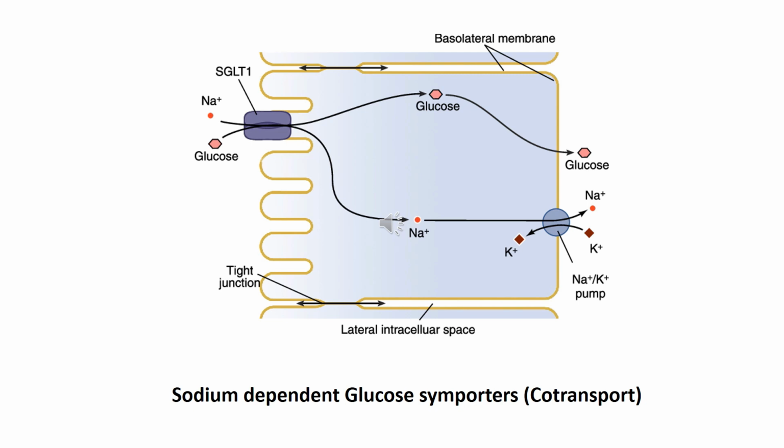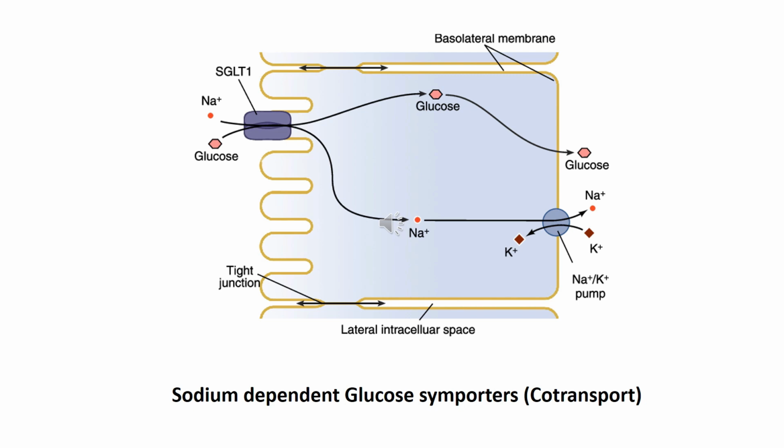The most interesting part is that glucose entry gives a free energy of about 9.2 kilojoules per mole under cellular conditions. This is because the external cellular concentration for sodium is 143 millimolar and internal is 14 millimolar.